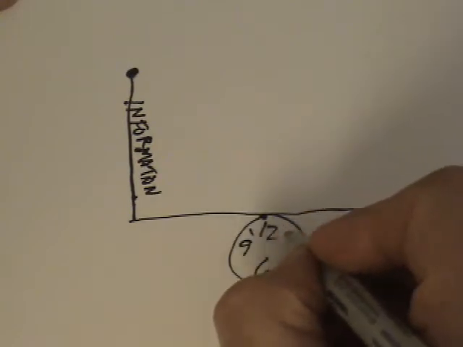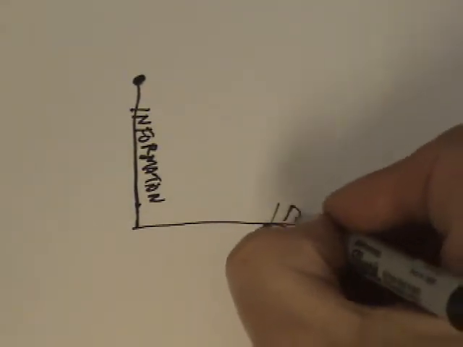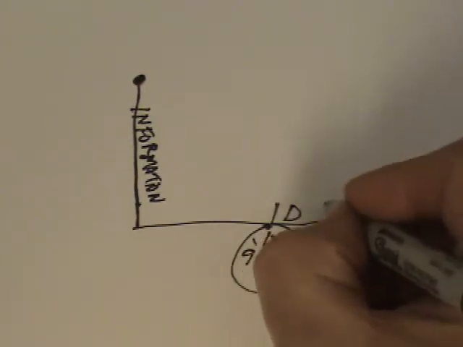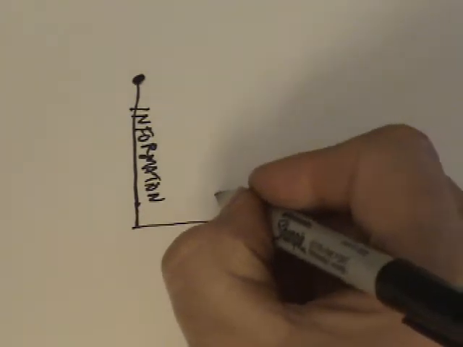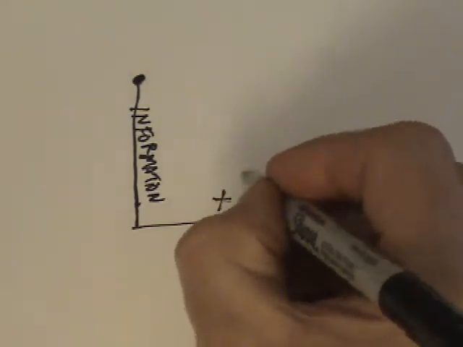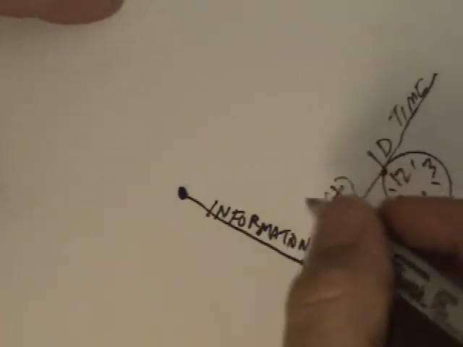Alright. So this is 1D relative time, plus 1D length right here.